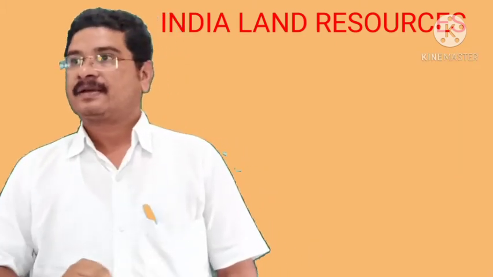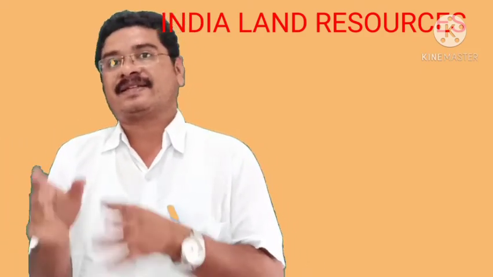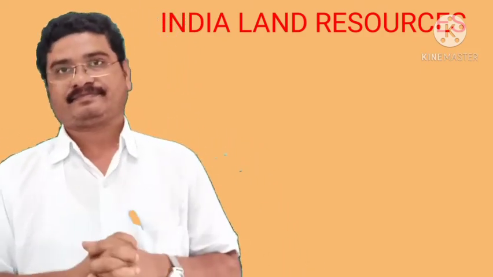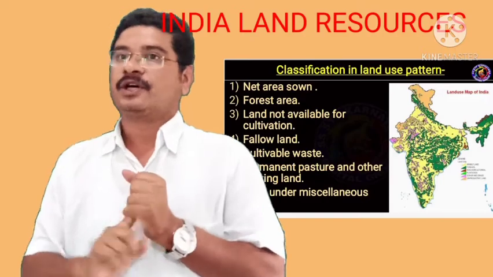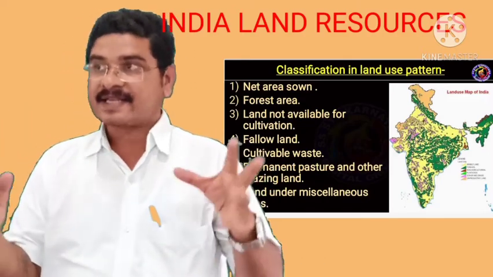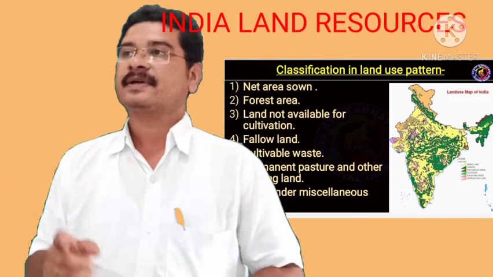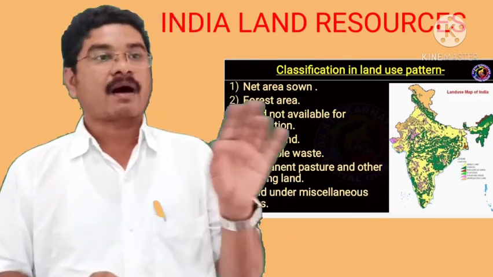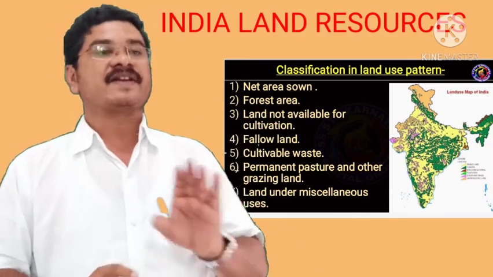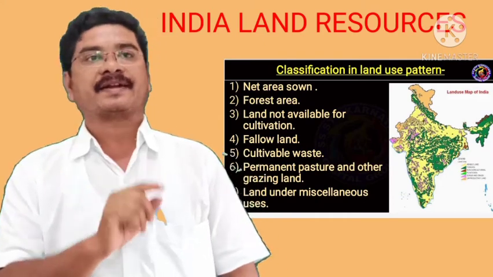Then what are the classifications in a land use pattern? The first one is net area zone. Second is forest area. Then land not available for cultivation. The fourth one is fallow land.